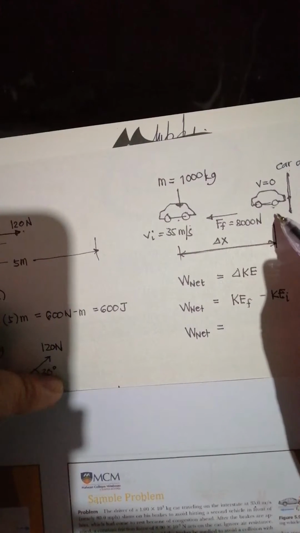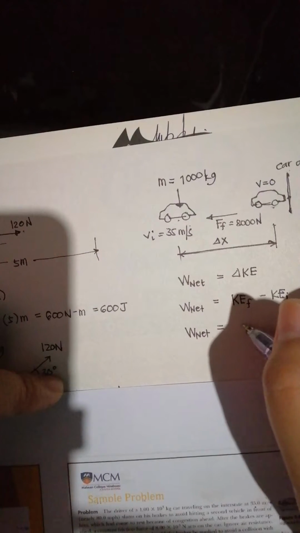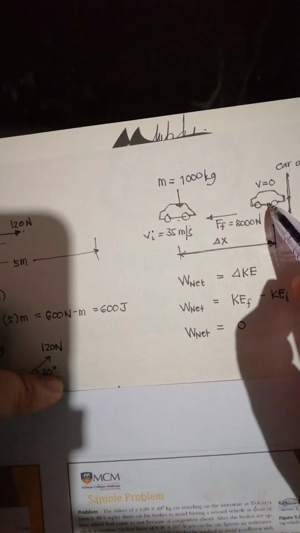Now for the final point, the kinetic energy is definitely 0 because there is no velocity at this final point.